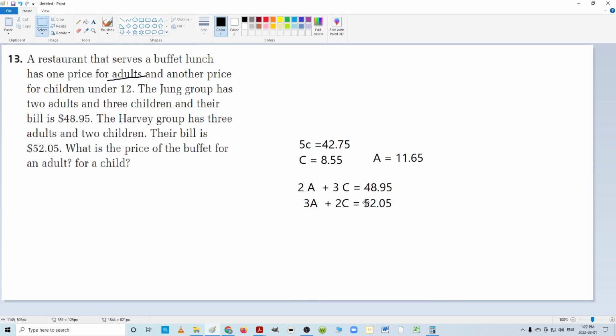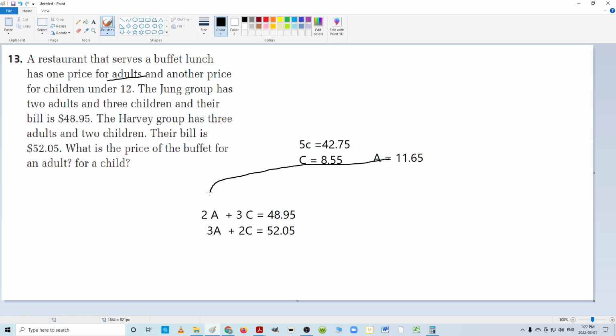Go back to either of these formulas and put A up here, C over here, multiply them out, and see if it all comes out to the right side. Then do it again on this one with these prices and see if it comes out to the right side again. And if it does, you have the right thing, and if it doesn't, you made a calculation error. It's only if you have time. So the adult menu is $11.65 and the kids menu is $8.55.